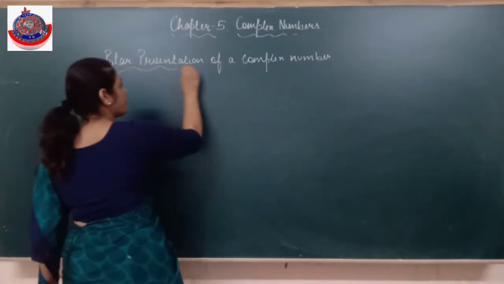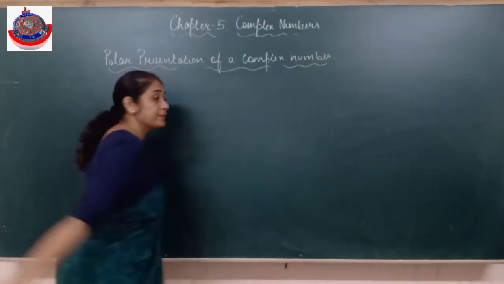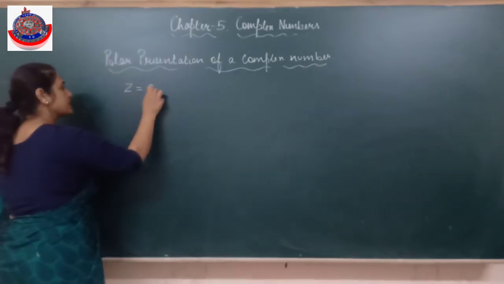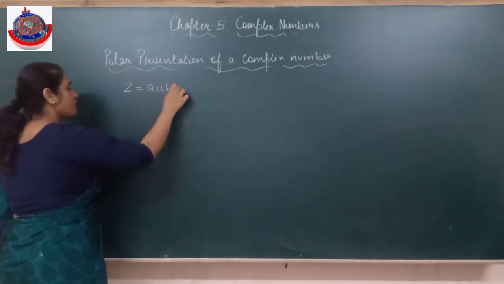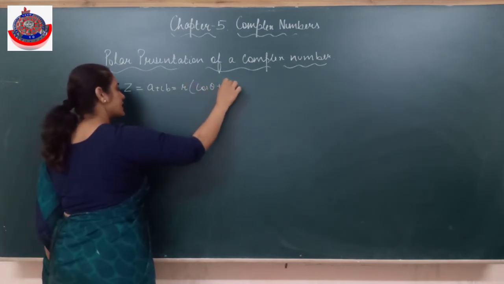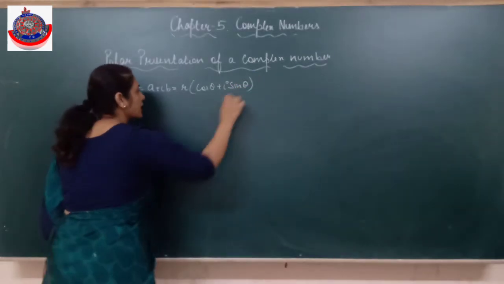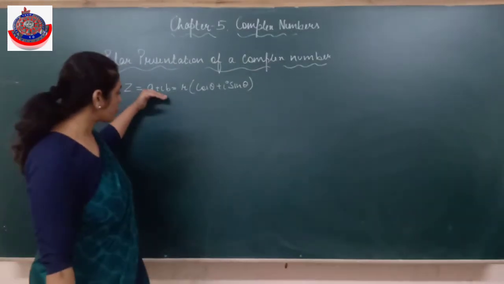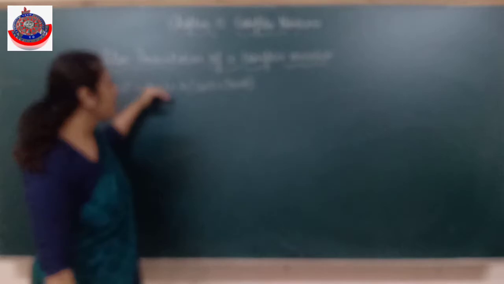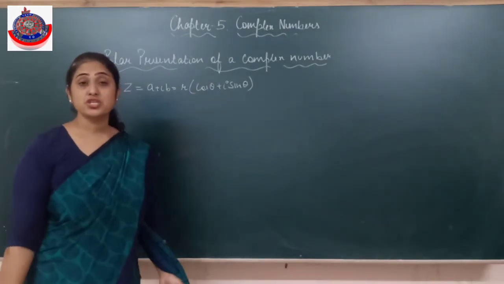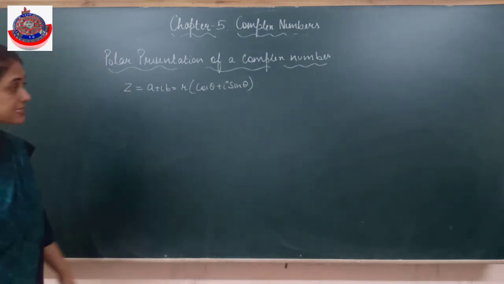Polar representation means converting the complex number a plus iota b into the form r (cos theta plus iota sin theta). If I convert a complex number from this form to this form, it is called the polar form, the polar representation of a complex number. Is it clear?